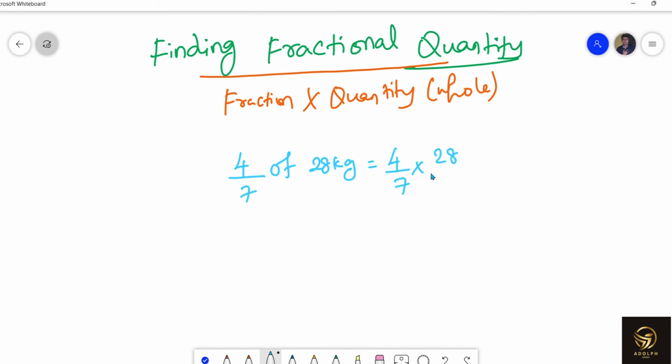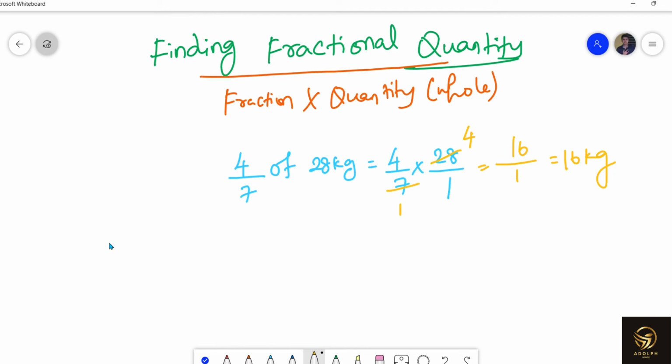If you feel confused because 28 is a whole number, no problem. 28 can be written in fractional form, that is 28 by 1. Now you can start simplifying: 1 7s are 7, 4 7s are 28, and 4 4s are 16. Divide by 1 and 1 1, and if the denominator is 1 we can leave it. We'll write the answer as 16 kg.